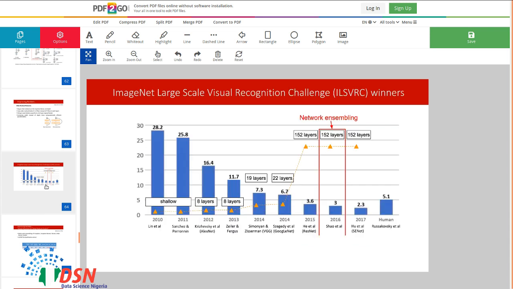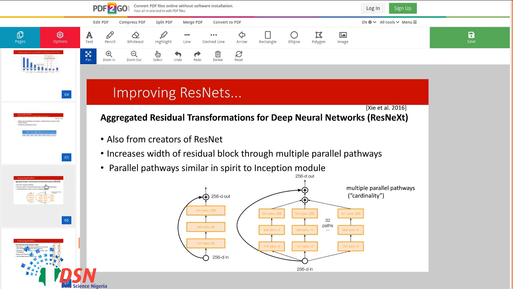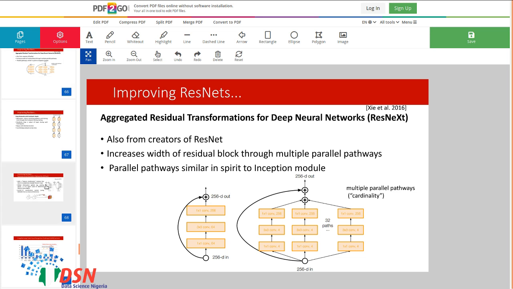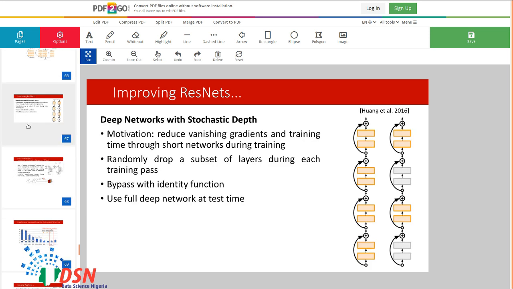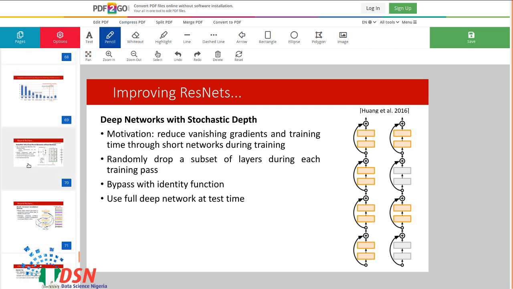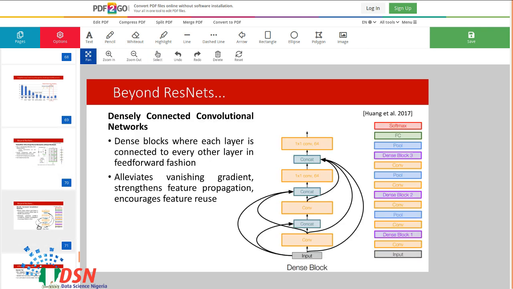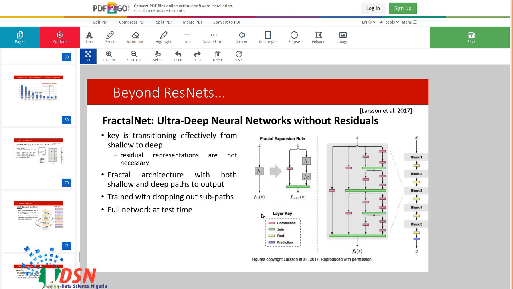Now I want to talk about some other nets, like stochastic depth net, SqueezeNet or FractalNet. As you could see, they are really very new networks. This is for 2017 and so on, and you could see how the architecture could perform.